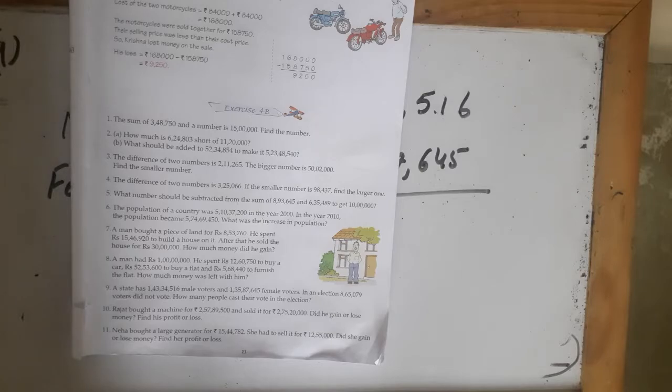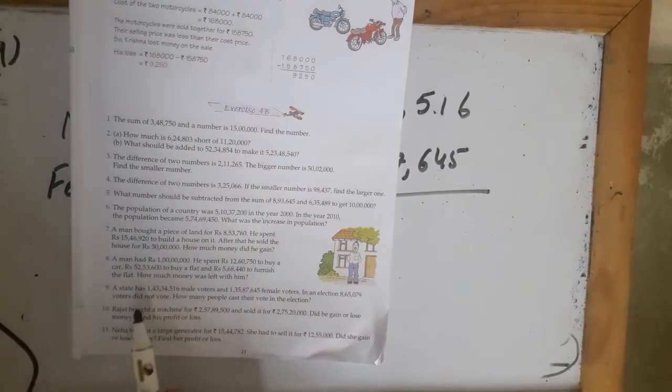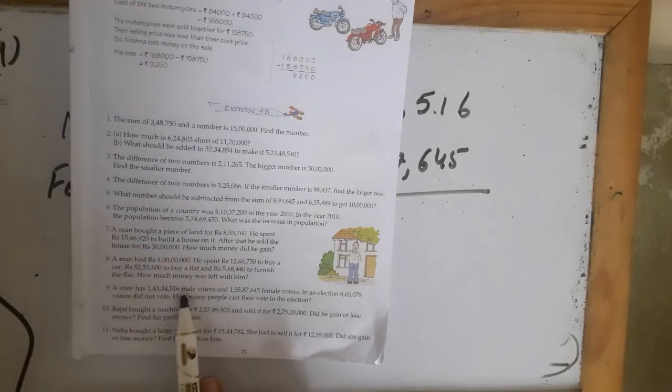Okay, now the ninth question. In the ninth question, they are asking you, a state has around 1 crore male voters. Male voters means what? Male and female, the men and the women. So men are called males and women are known as female. So a state has around 1 crore male voters, and what are voters?